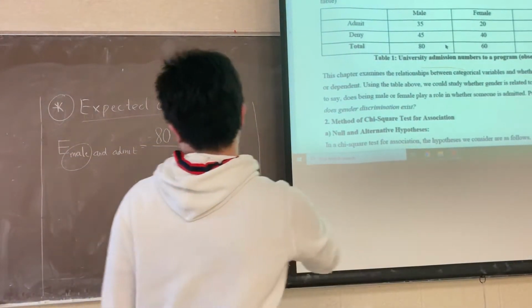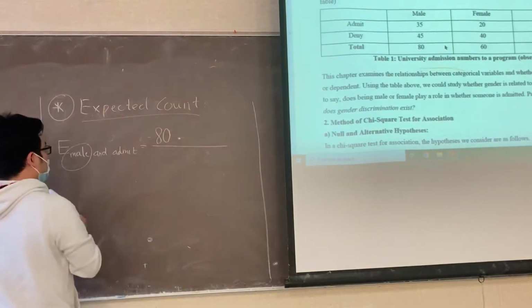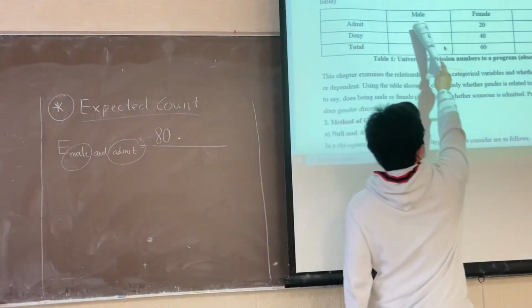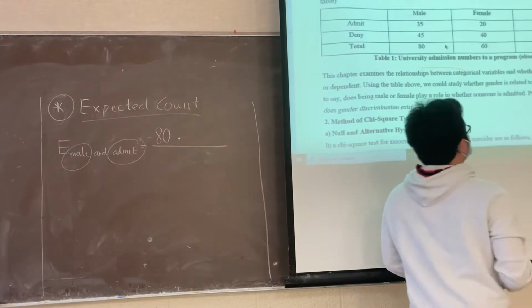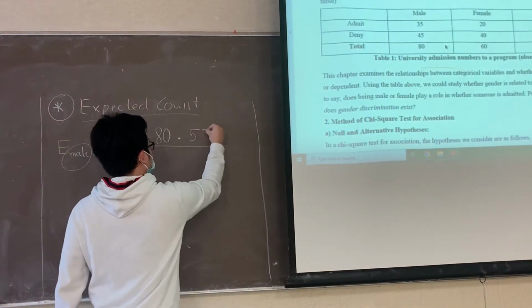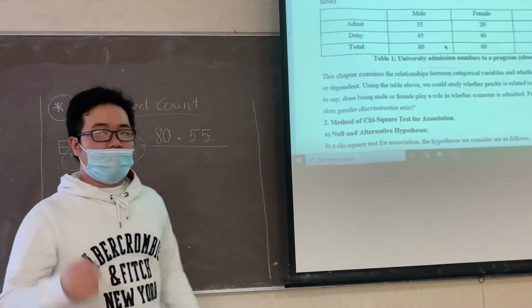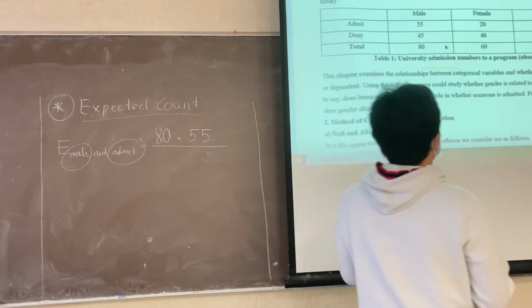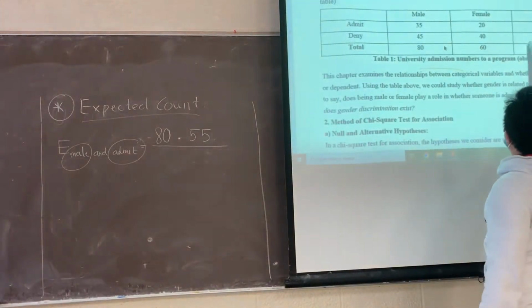And after that, we look at the total of admit. The total of admit here is 55. And we divide over the total number of people. The total of people here is 140.